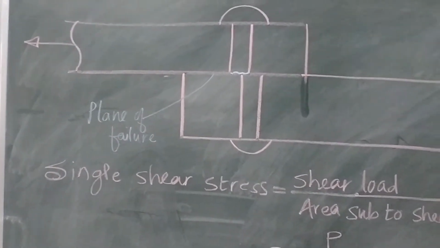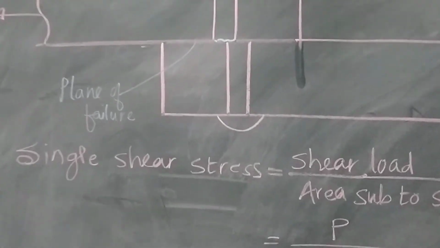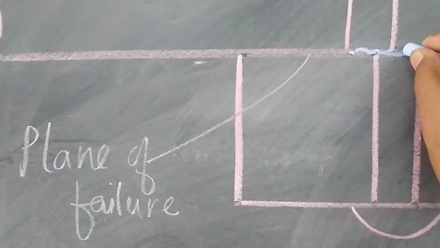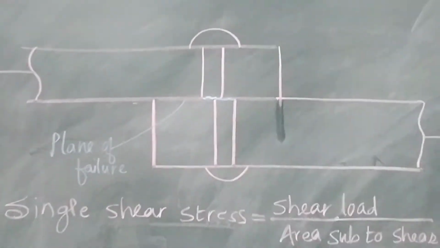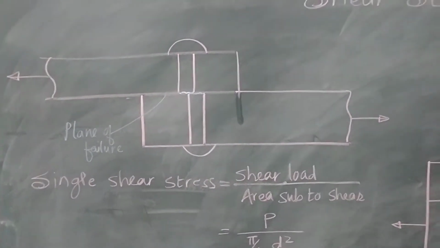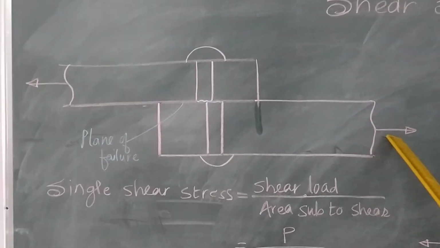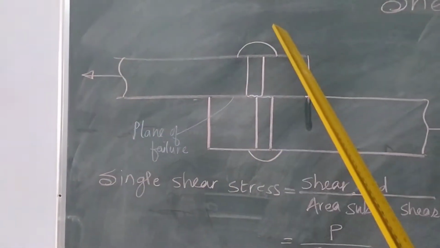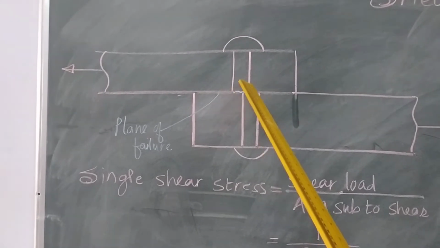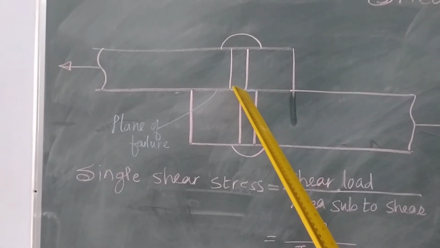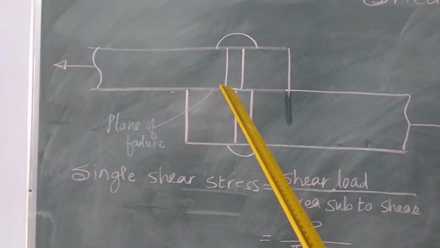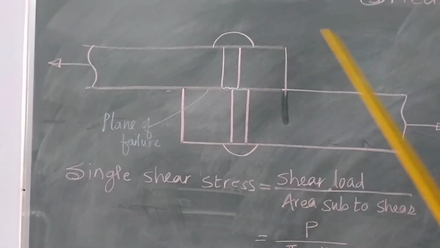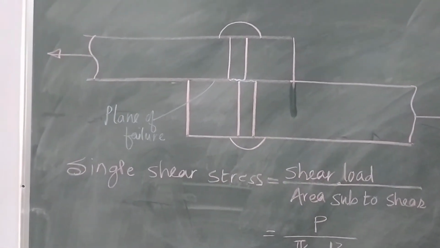While applying the force in opposite parallel directions like shown in the figure, this is the force in this direction, this is the force in this direction, then there is a tearing action at the rivet joint and this rivet will cut in shear.